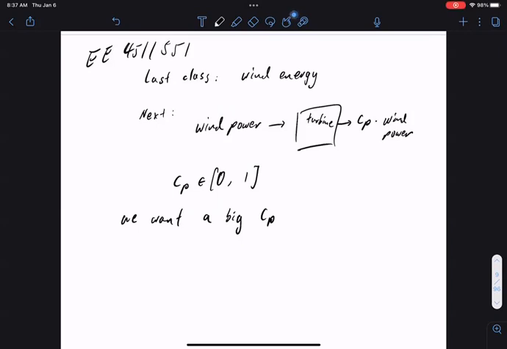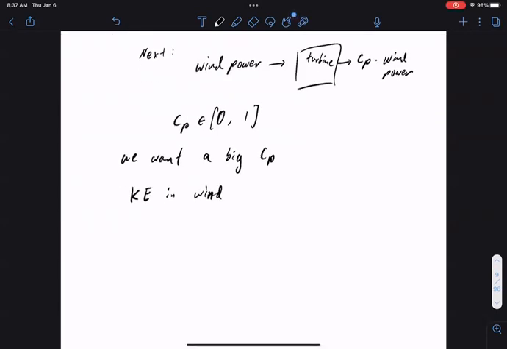A little bit of review from last time. We looked at the kinetic energy in wind. This is the formula we always have, half m v squared.